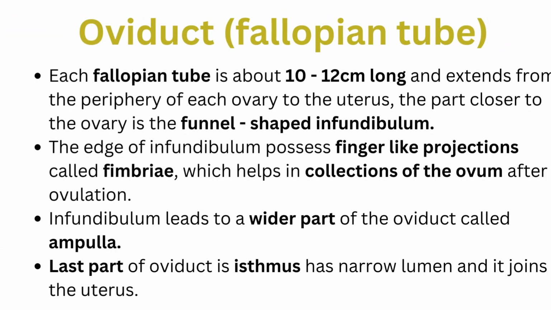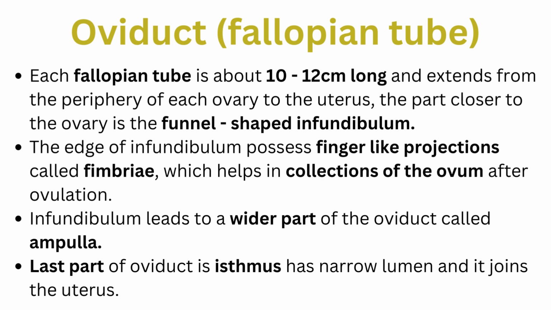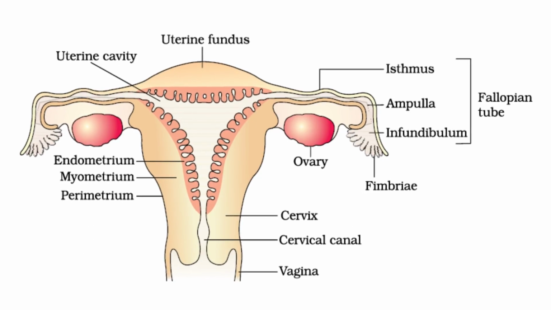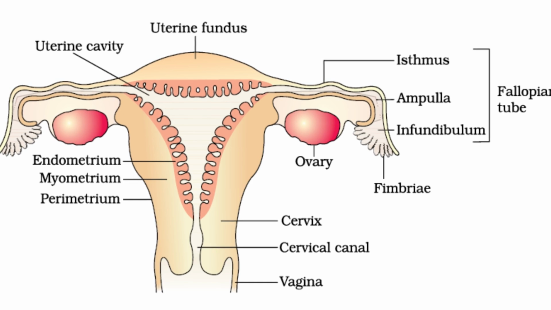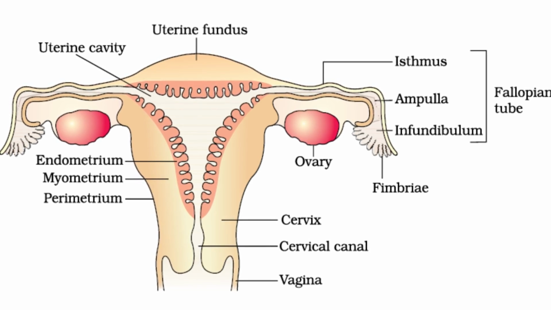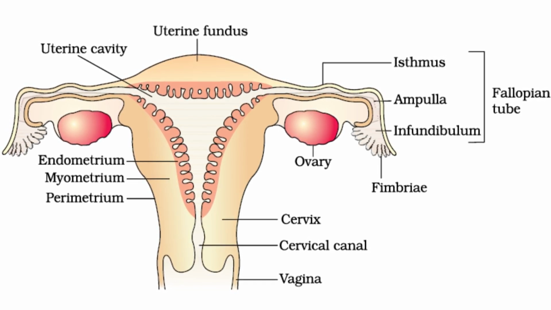Now coming to oviducts, also called fallopian tubes. Each fallopian tube is about 10 to 12 cm long and extends from the periphery of each ovary to the uterus. The part closer to the ovary is the funnel-shaped infundibulum. The edge of the infundibulum possesses finger-like projections called fimbriae, which help in the collection of the ovum after ovulation.